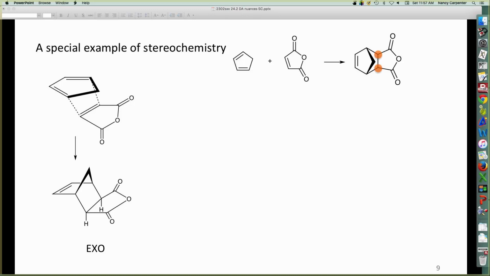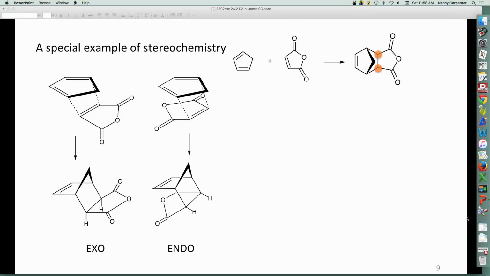Well, the two planar pieces, the diene and the dienophile, could overlap in such a way that the pointy part of the cyclopentadiene is really pointing away from the other part, and that's called exo. Or we could put those two together so that they're actually kind of overlapping with one another. So we've got exo or endo.